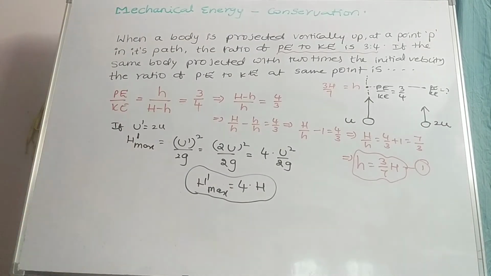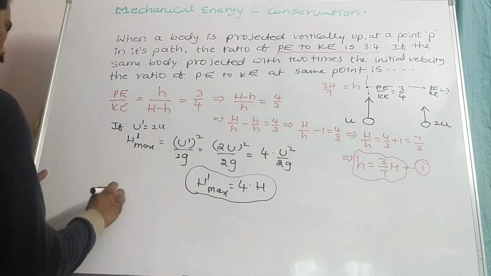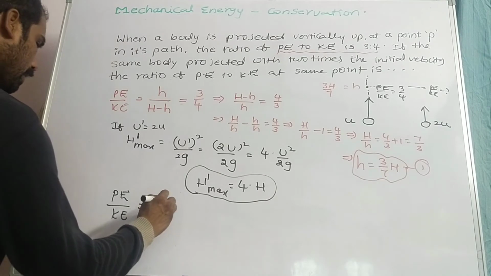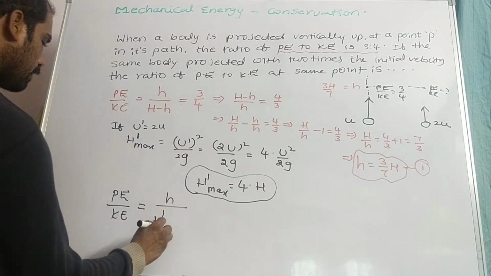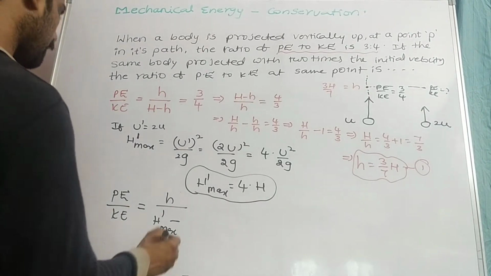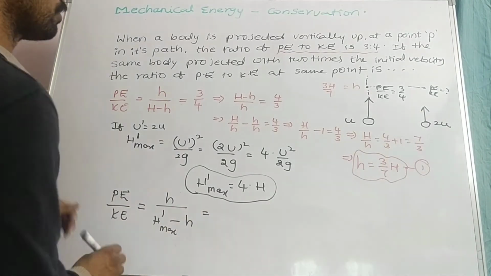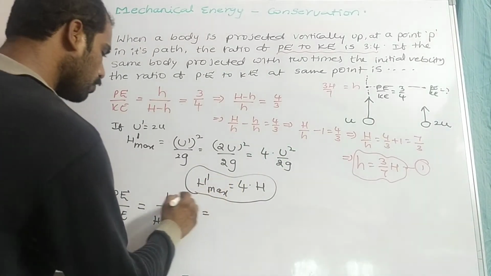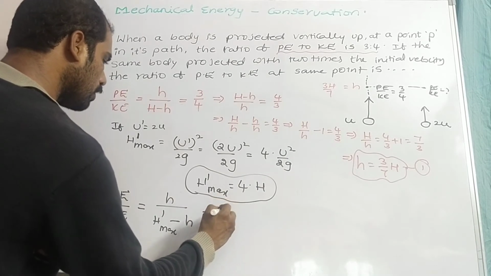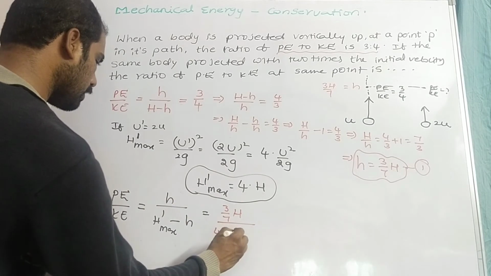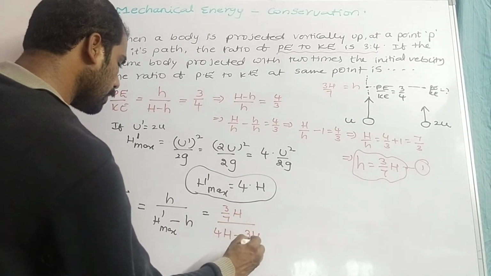Now, potential energy by kinetic energy, that is equal to h by H dash max minus h. Here we determined small h as 3 by 7 H. So instead of h we can substitute 3H by 7 over 4H minus 3H by 7.